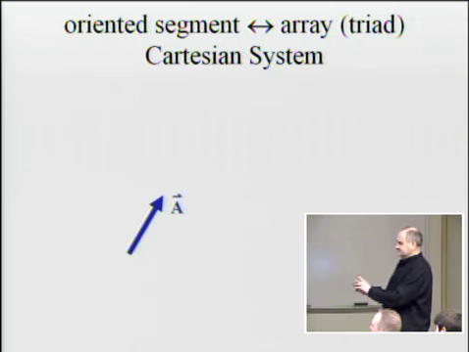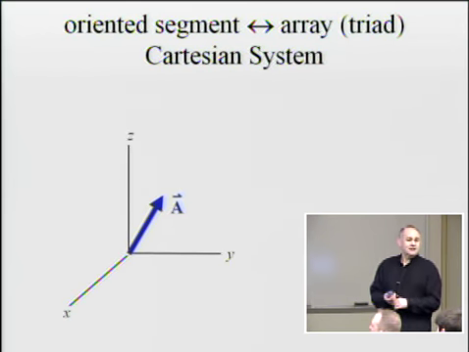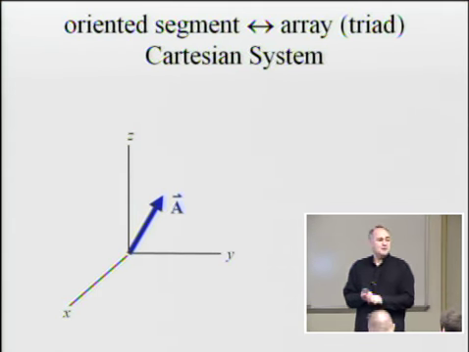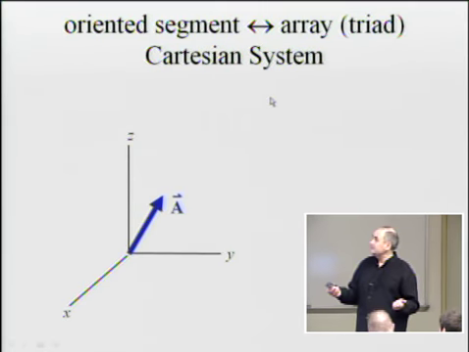So let's say that I have an arrow, A, and I write this as a linear combination of three arrows which constitute the base. If I take those three arrows to be mutually perpendicular and each of them of unit length, I will form something which is referred to as a Cartesian system.